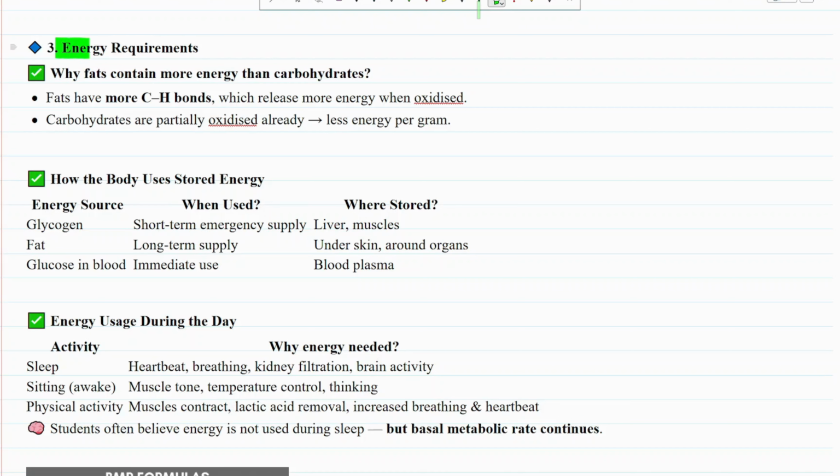Energy requirements. Why do fats contain more energy than carbohydrates? We will discuss this topic afterwards also. Fats and carbohydrates show differential energy. In 1 gram of carbohydrate, there are 4 kilocalories of energy available, and in the same 1 gram of fats, the energy available is 9 kilocalories.